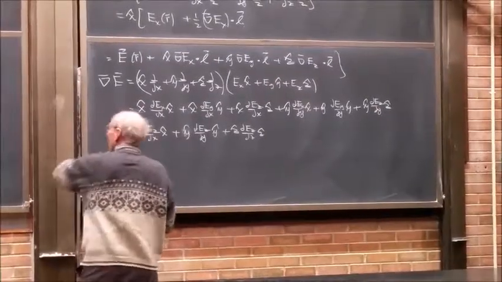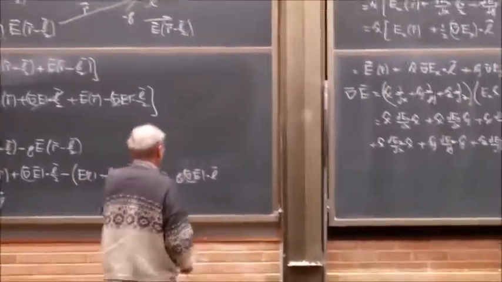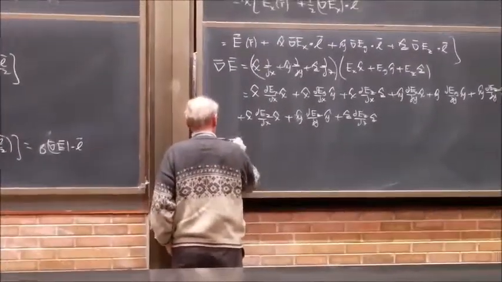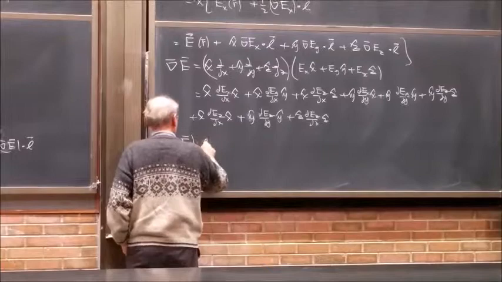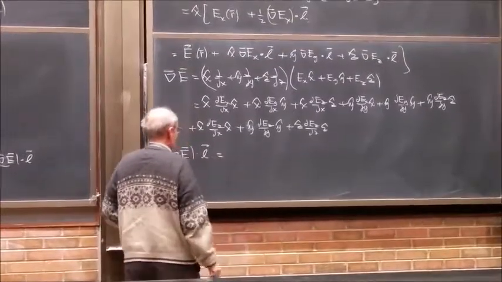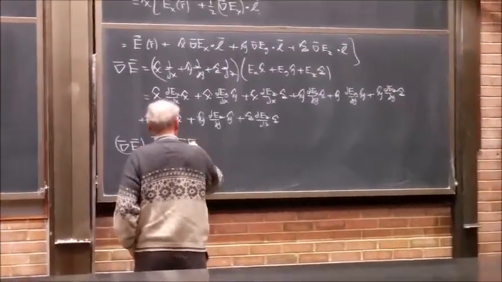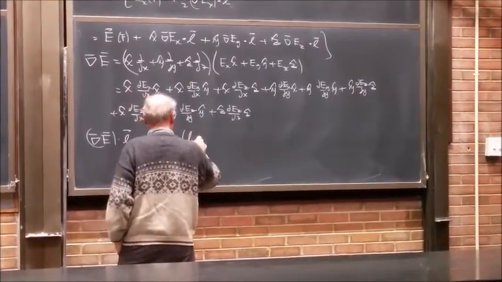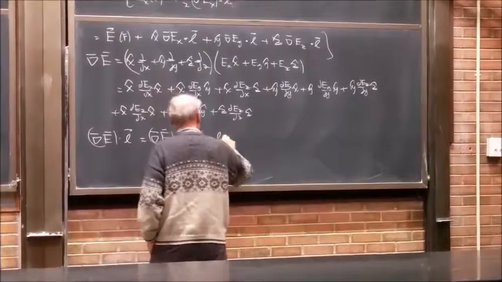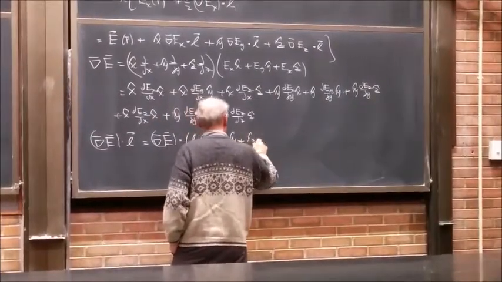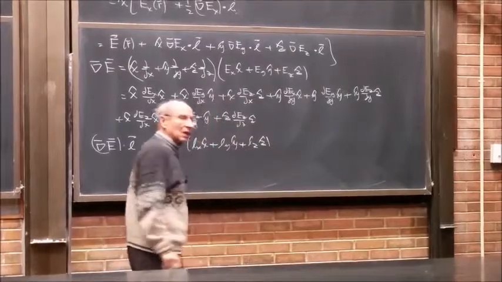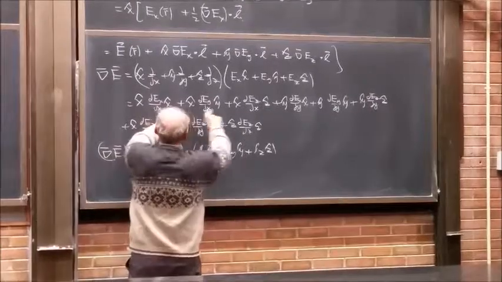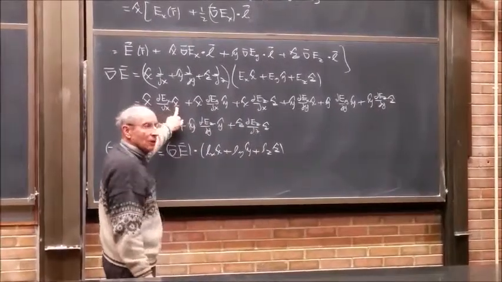Now we dotted this thing into L. So grad E dotted into L. Now that is grad E dotted into Lx x hat plus Ly y hat plus Lz z hat. So now you take this dotted into the right-hand side of everything here.